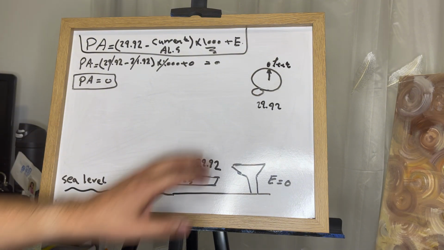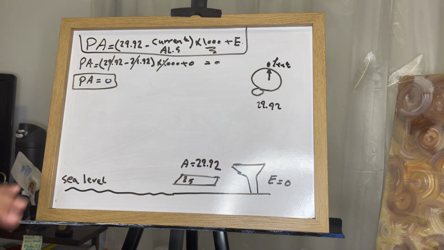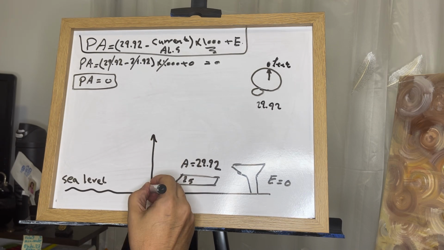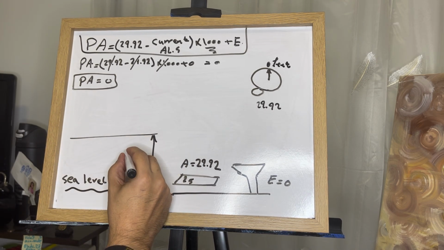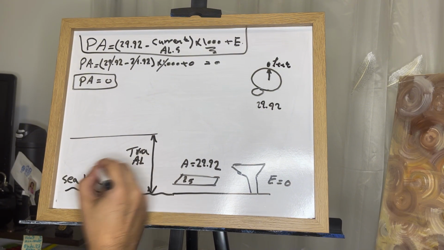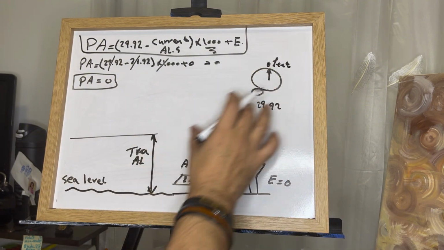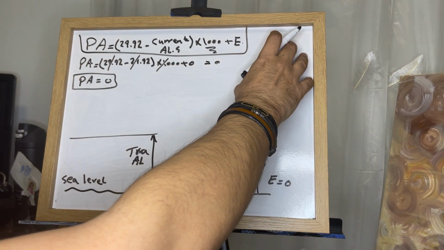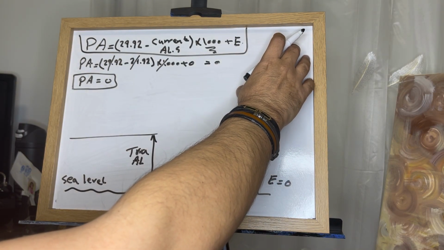Because basically the altimeter shows true altitude. What's true altitude? True altitude is height above sea level.